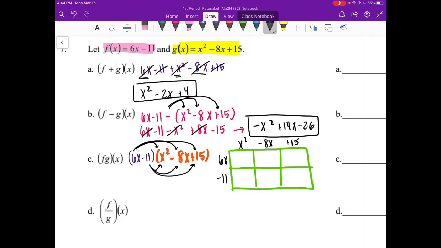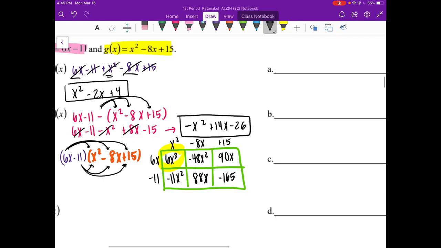So when I multiply in the Punnett square, I'm going to look at each row and each column. So I have 6x cubed minus 48x squared, 90x, negative 11x squared, positive 88x, and a negative 165. So now we're going to combine like terms.